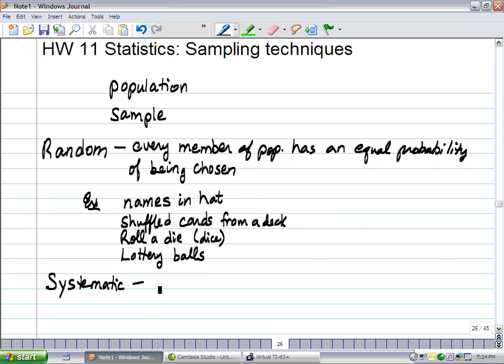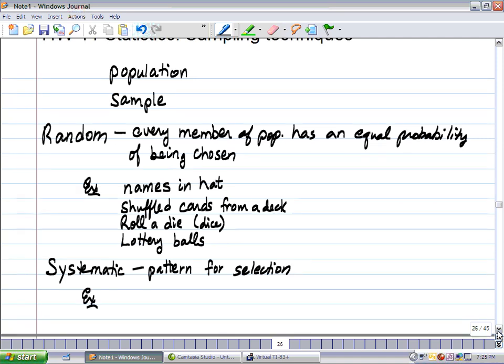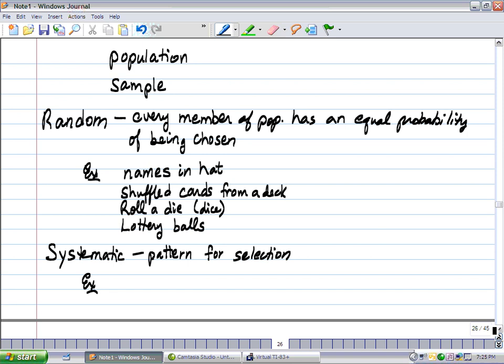A systematic sample is when a pattern is used. So, pattern being used, for example, if I wanted to select a random sample of people coming out of the movie theater to see what they thought, I wouldn't want to necessarily get friends, because friends might be more likely to think alike than complete strangers.